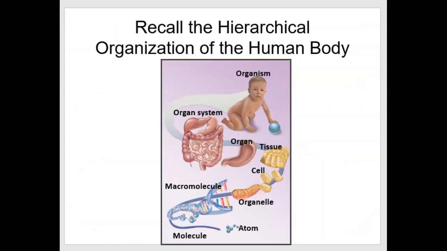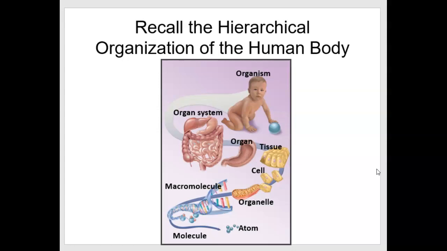And to begin, we want to look at what we learned in the first week of class, which is where does tissue fall in the hierarchical organization of the human body? So we learned already that an organism is made up of multiple organ systems.